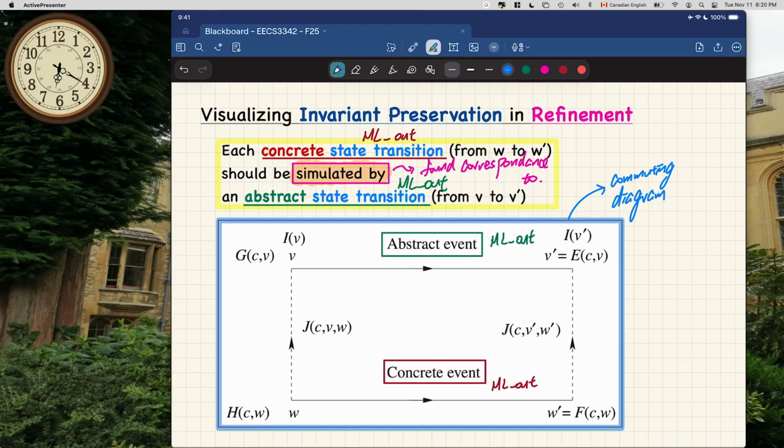Either you can say the concrete is simulated by the abstract, or you can say the abstract one simulates the concrete, right? Just playing a little bit with the language. So you can go either way: either you say simulated by in this direction, or we can say simulates.